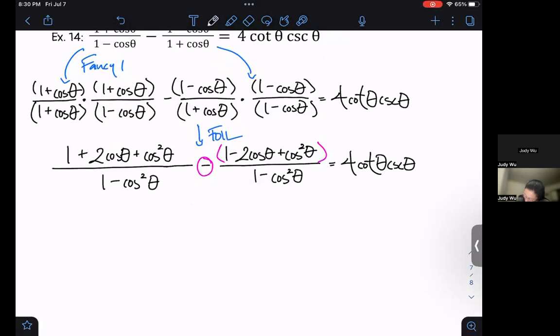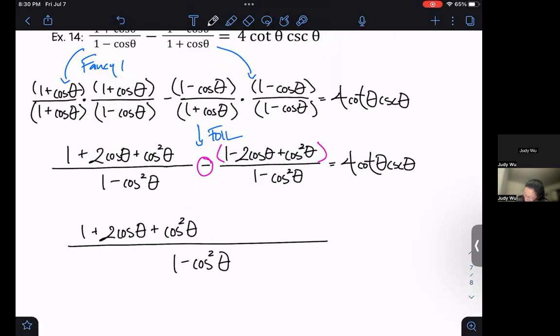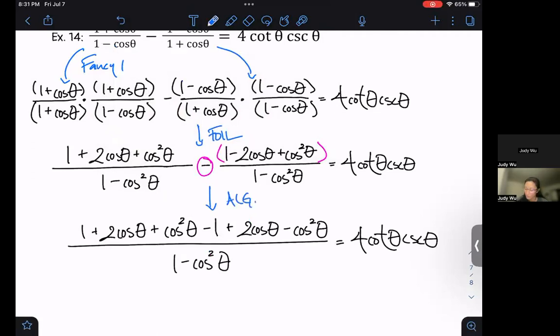So our new fraction will have the numerator 1 plus 2 cosine theta plus cosine squared theta minus 1 plus 2 cosine theta minus cosine squared theta, equals 4 cotangent theta cosecant theta. This, I would say, is more algebra.